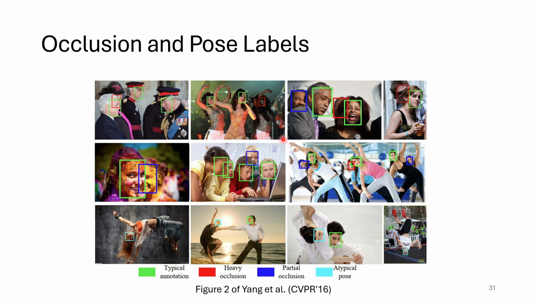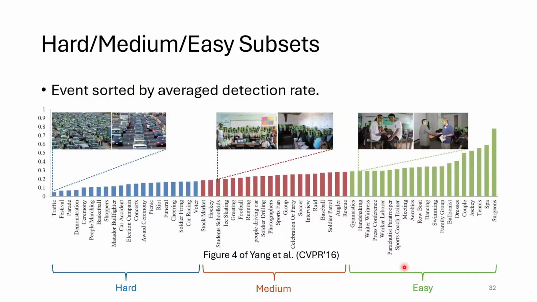It means you can maybe only see 20% of the area of the face. They even provide the label of a typical pose. So this is very interesting. For example, this one, the orientation is not upright frontal. And this is also an atypical pose, because the face is totally upside down.